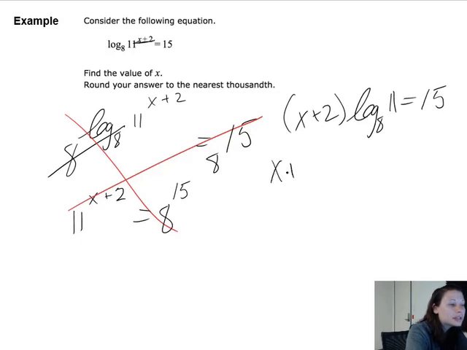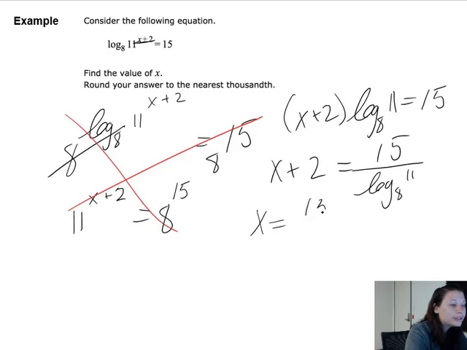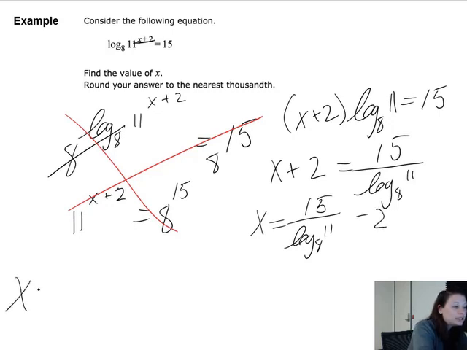So then this is x plus 2 is equal to 15 over log base 8 of 11, and then subtract the 2. So this is x equals 15 over log base 8 of 11 minus 2. Now, to put this in the calculator, we will need to change base, right? That fourth rule.